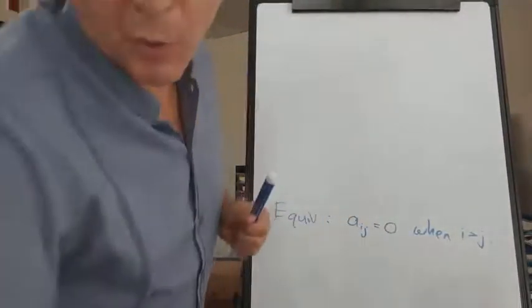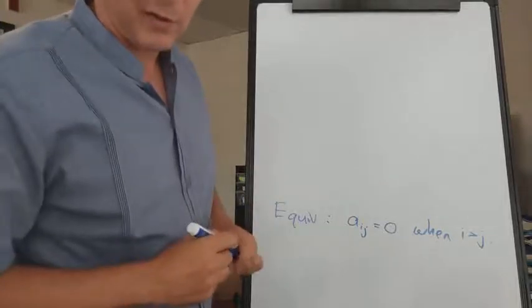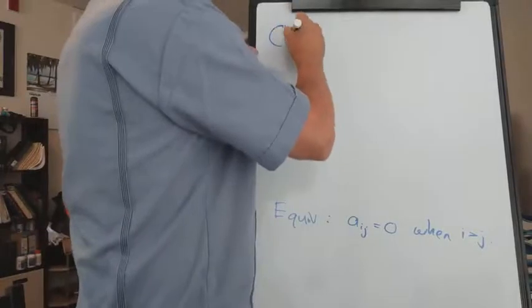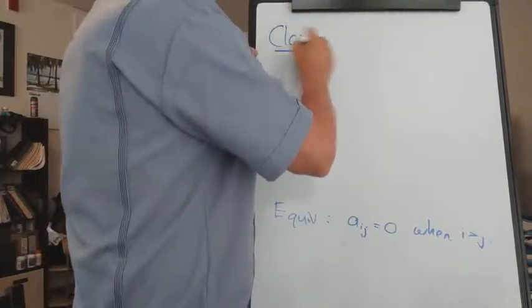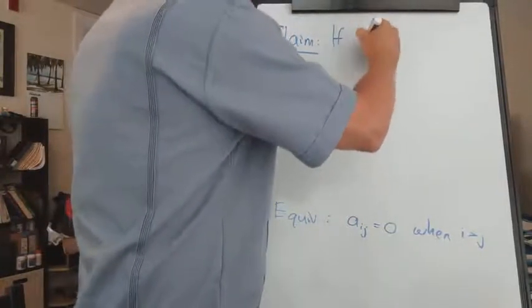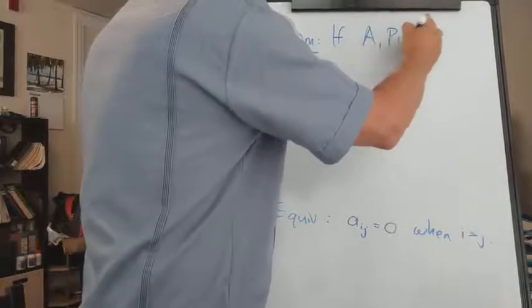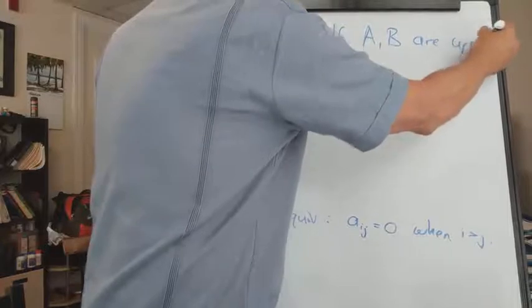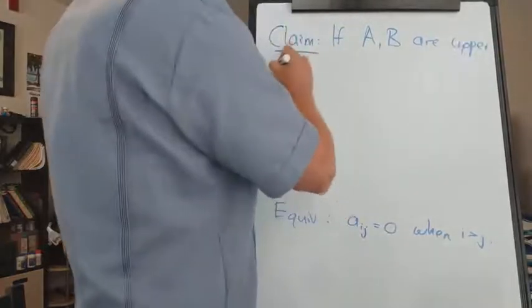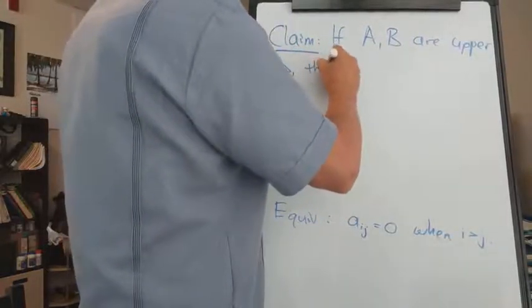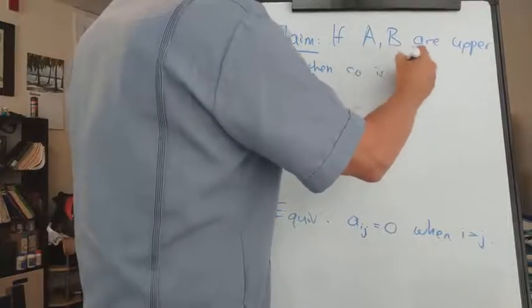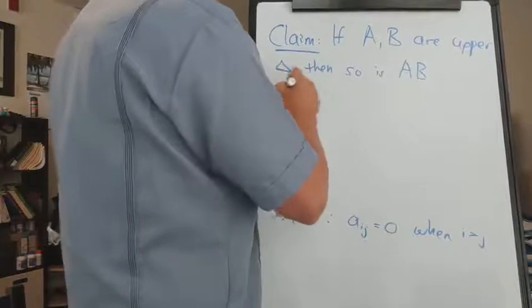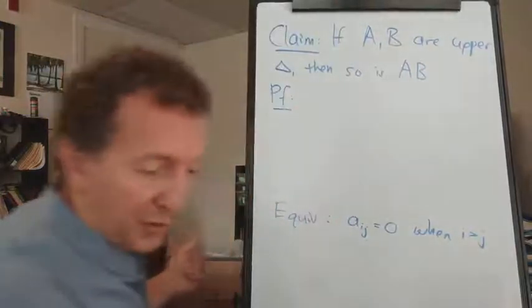Now I claim that if you multiply two upper triangular matrices together, you get another upper triangular matrix. Let me show you why.